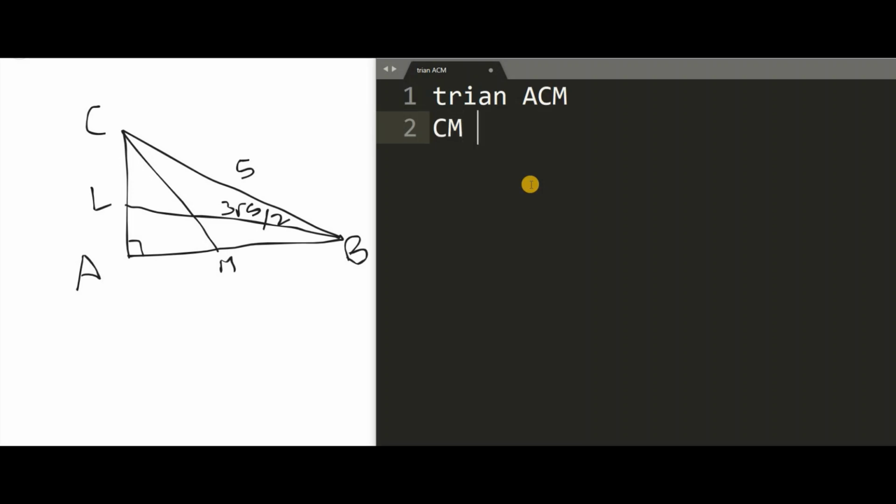CM square equals AC square plus AM square. So, from triangle ACM, this is a right angle triangle, so we can apply the Pythagoras equation. So, CM square equals AC square plus AM square.